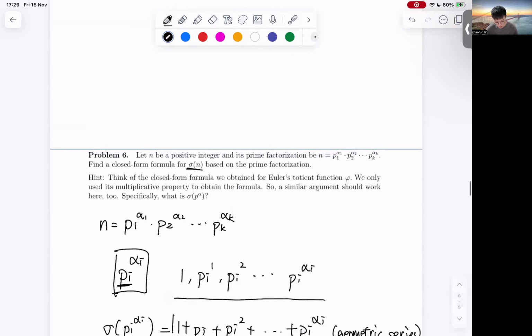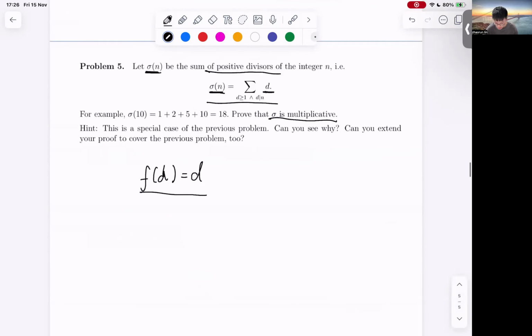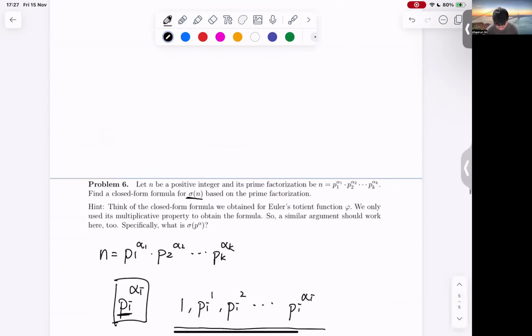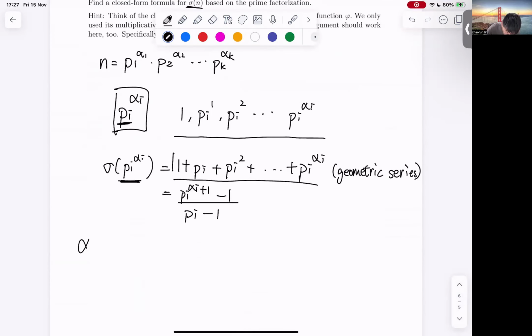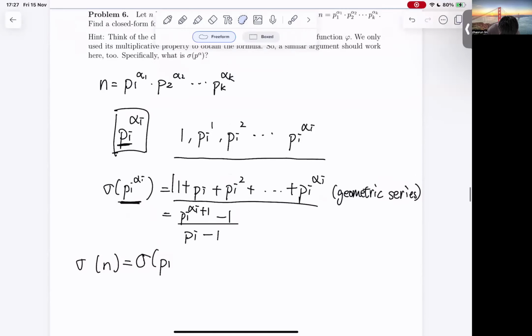And since we proved in problem 5 that sigma is multiplicative, we have sigma n equals to this.